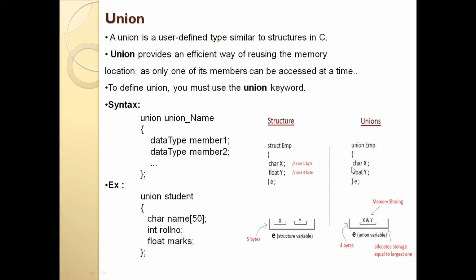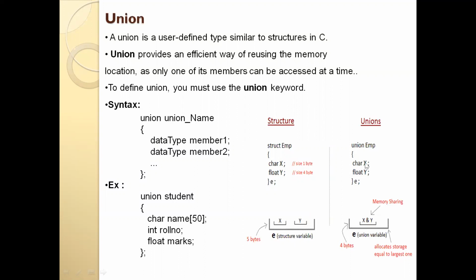Suppose in this example, x occupies only 1 byte of memory, but y occupies 4 bytes of memory. Which member is taking more memory? Definitely it is y. So 4 bytes of memory will be allocated for this union variable E.